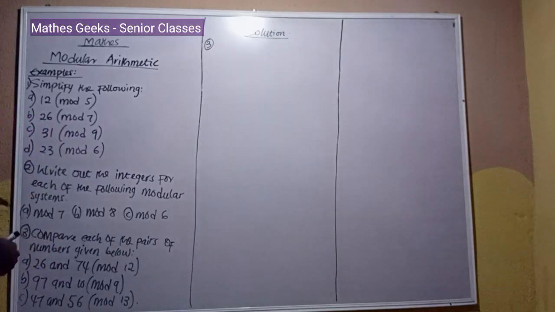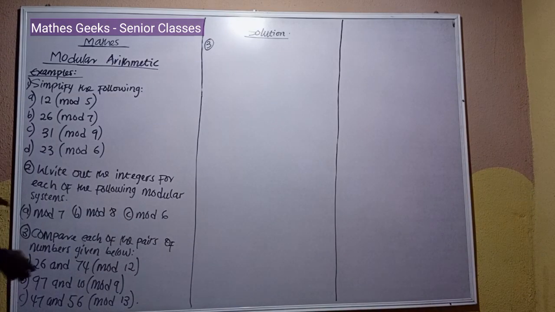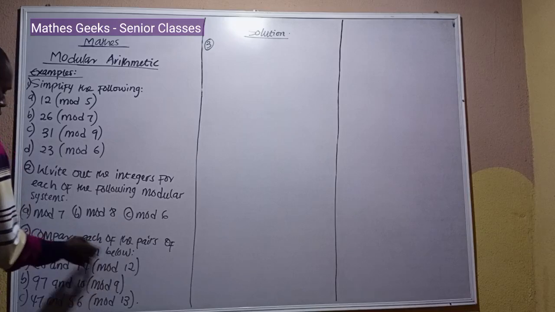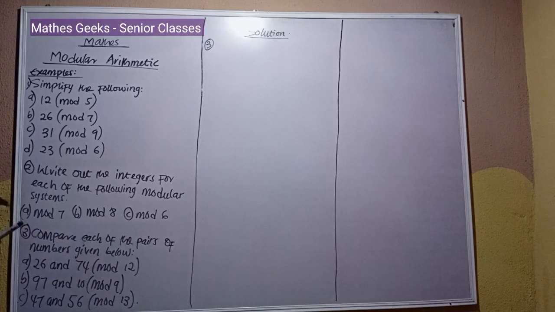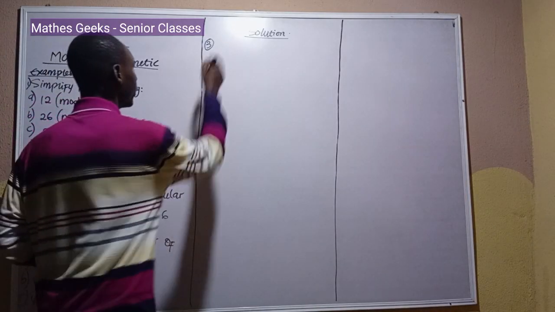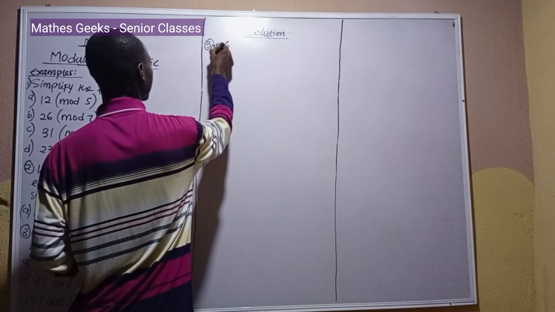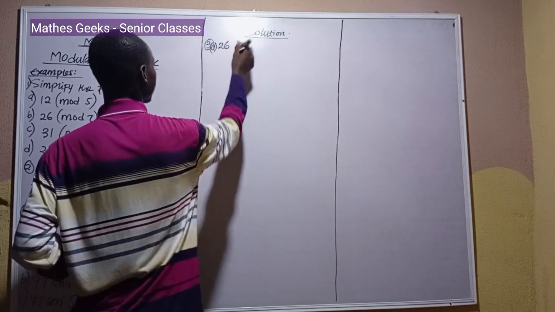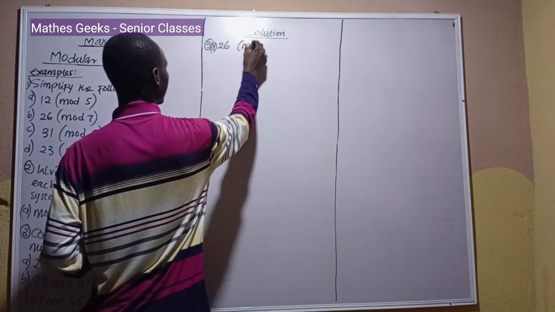Actually, we compare each of the pairs of numbers given below. So we're going to compare 26 and 74. Both of them are to be done in mod 12. Let's see what their result will be. 26, let's call this A. 26 in mod 12.